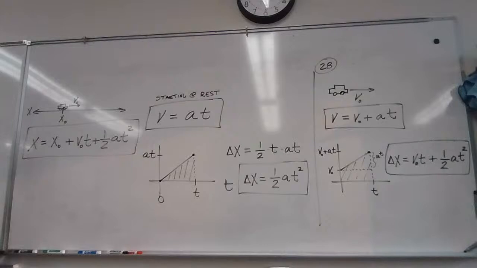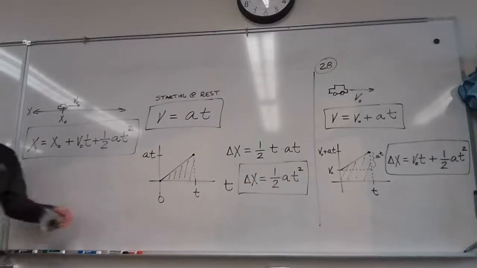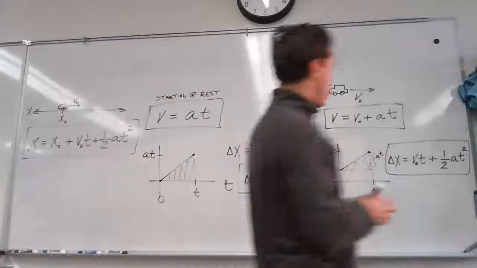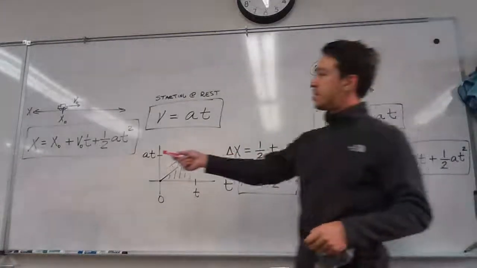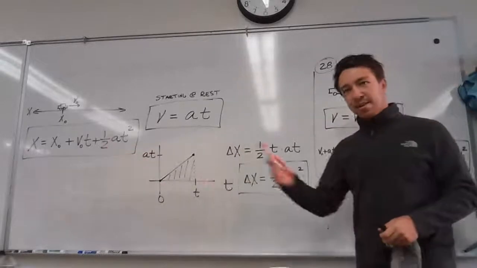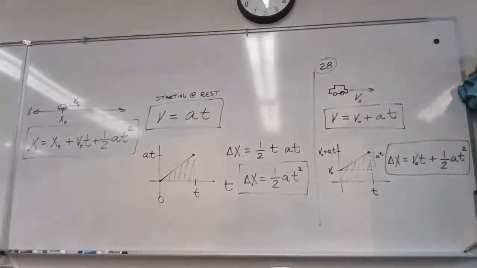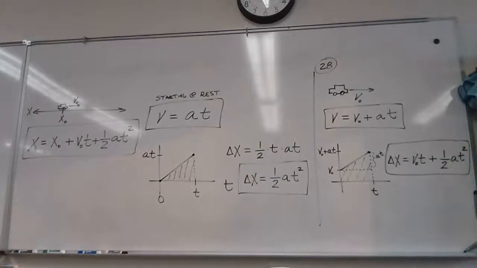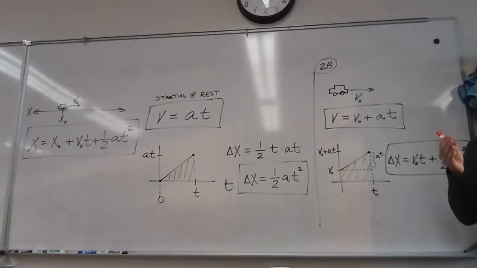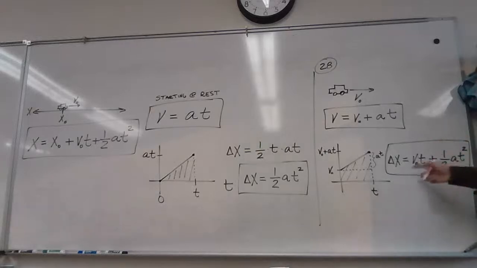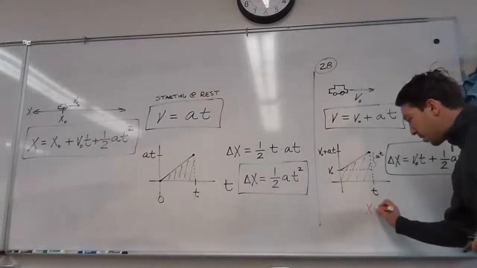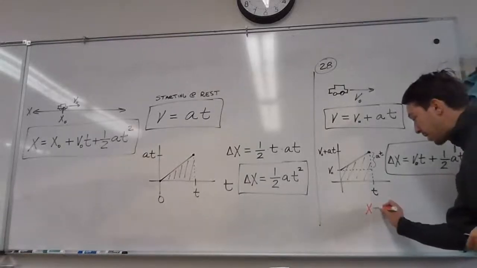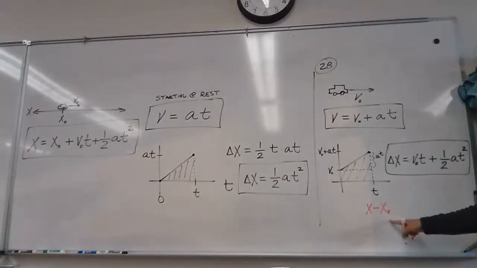Let me show you a different perspective if that was confusing. Say this made sense, but you weren't entirely sure how we get from here to here. I would encourage you to spend some time thinking about what displacement means, because displacement is how far you are from where you started. Here, displacement is just where you are now, your x position, minus your starting position, x naught.